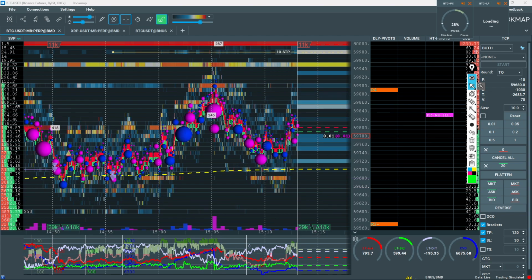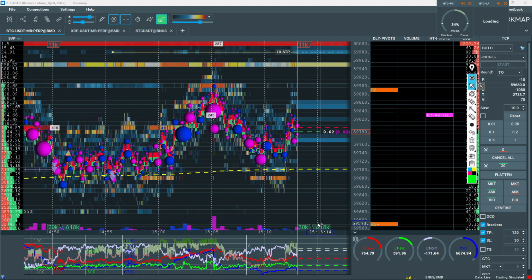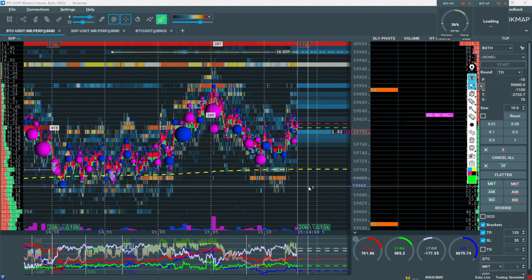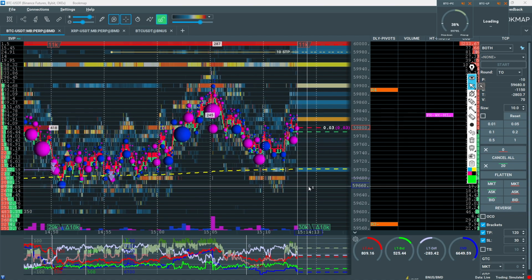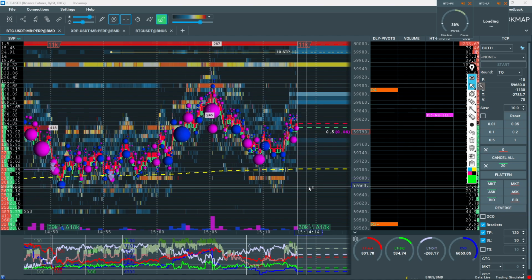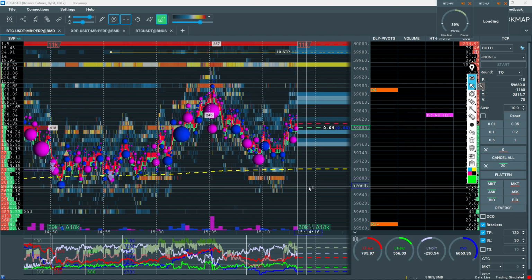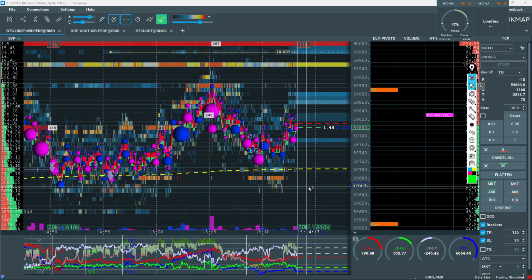Let's see, we're already at 34 minutes, so let me see if I can show you something before, let's say, 40 minutes. Hopefully it breaks down before 40 minutes, or maybe runs above floor pivot R4 and I can just give up on the trade.